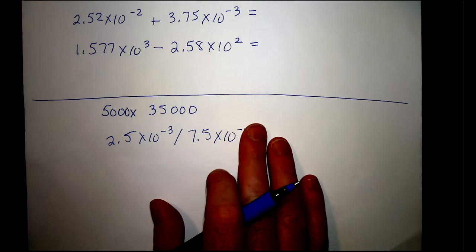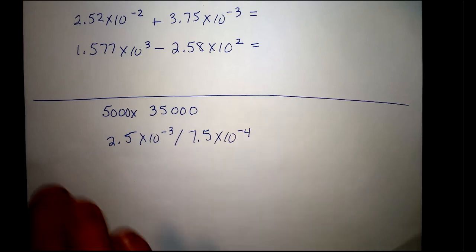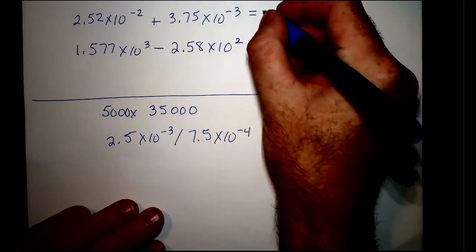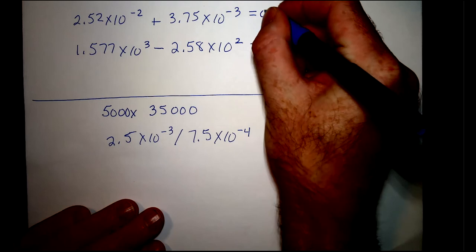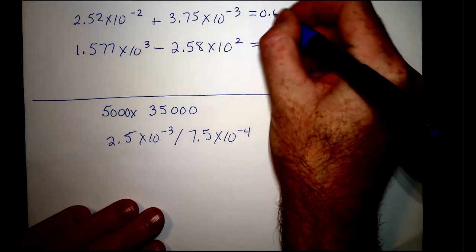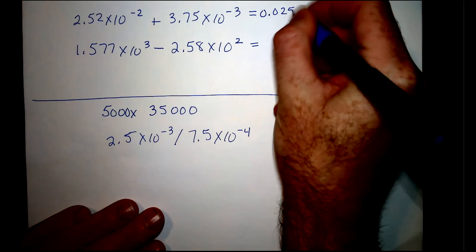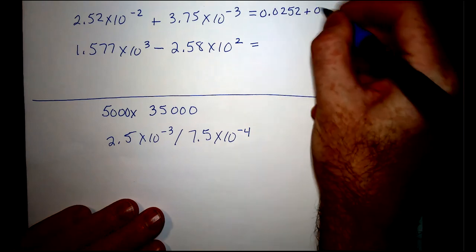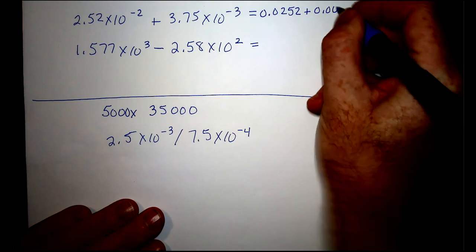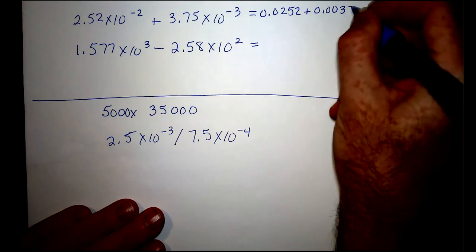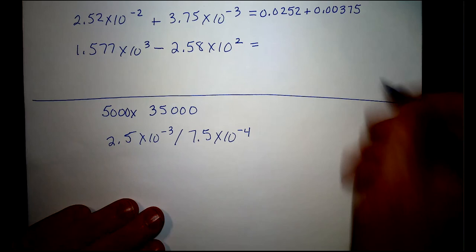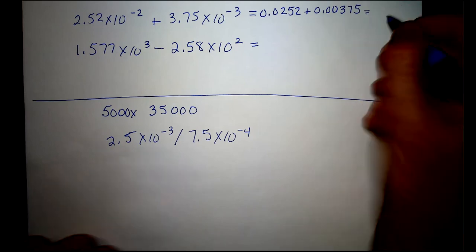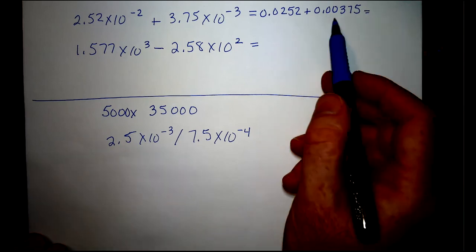So we've got these two numbers in scientific notation. Sometimes it might be better to say 0.002252 plus 0.00375. If you're adding or subtracting, that way it's easier to keep the places lined up.